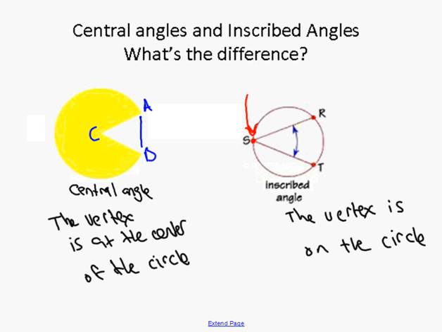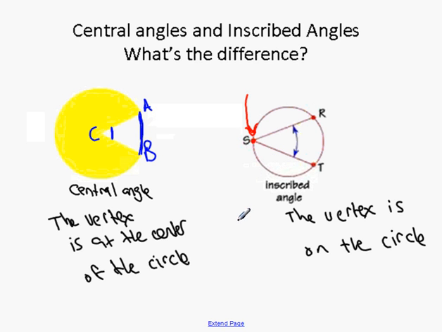So here's arc AB. So you could think of arc AB as the crust on a pizza pie. So in a central angle, the measure of the central angle is equal to the measure of the arc.